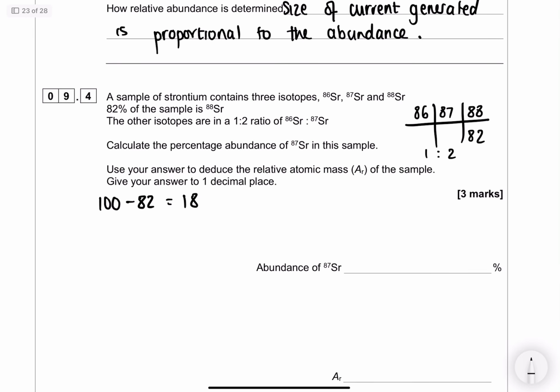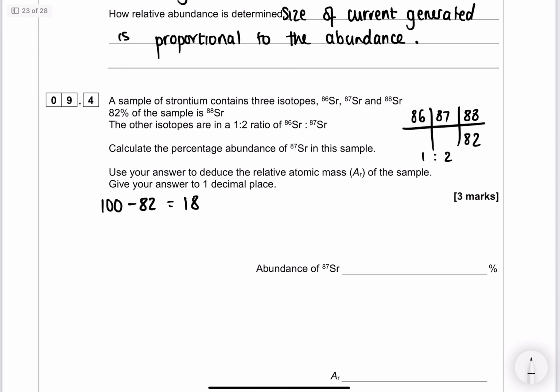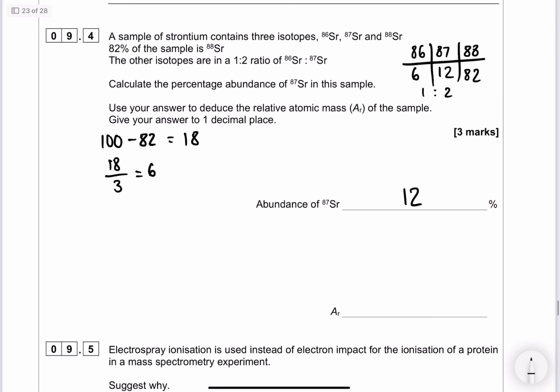And we need to split 18 into 3 parts so that we can have a 1:2 ratio. So 18 divided by 3 is 6, so it'd be 6 and 12. It wants the abundance of the 87, so that's 12. And then it wants us to calculate the Ar.